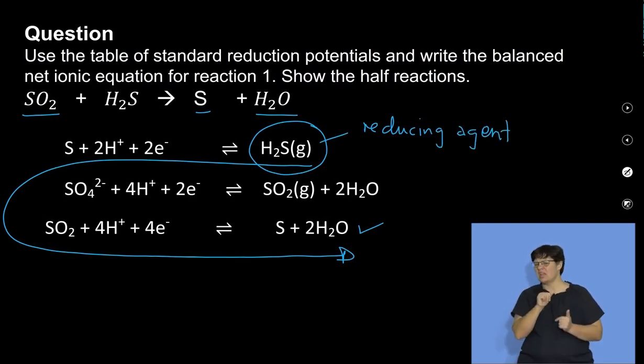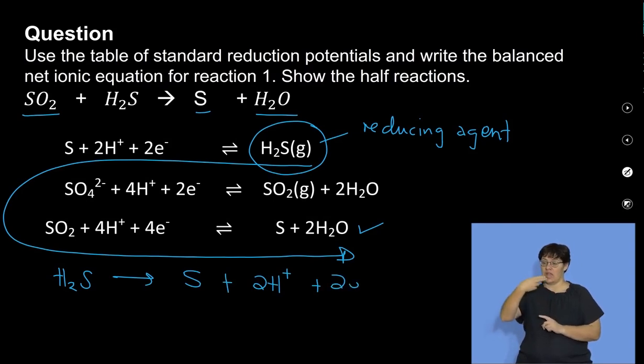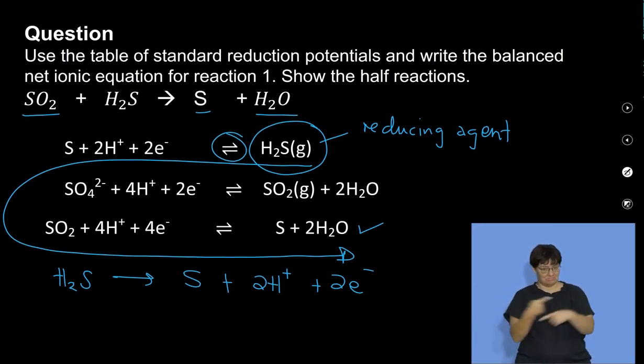It actually undergoes oxidation. So if we are going to represent this half reaction, we'll have hydrogen sulfide, right, giving us sulfur, okay, plus hydrogen ions, plus 2 electrons. Take note, the arrow goes from left to right. It's no longer the reversible one because we've decided that this is our strongest reducing agent as per the table.